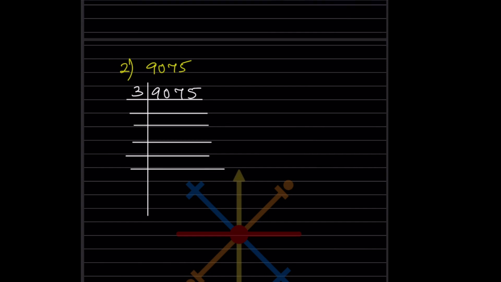So this is 3. This doesn't go with 3, then this will go with 5. Again, this will go with 5. Then this will go with 11. 11 11s are 121 and 11 1s are. So now 9075 is equal to 3 into 5 into 5 into 11 into 11.